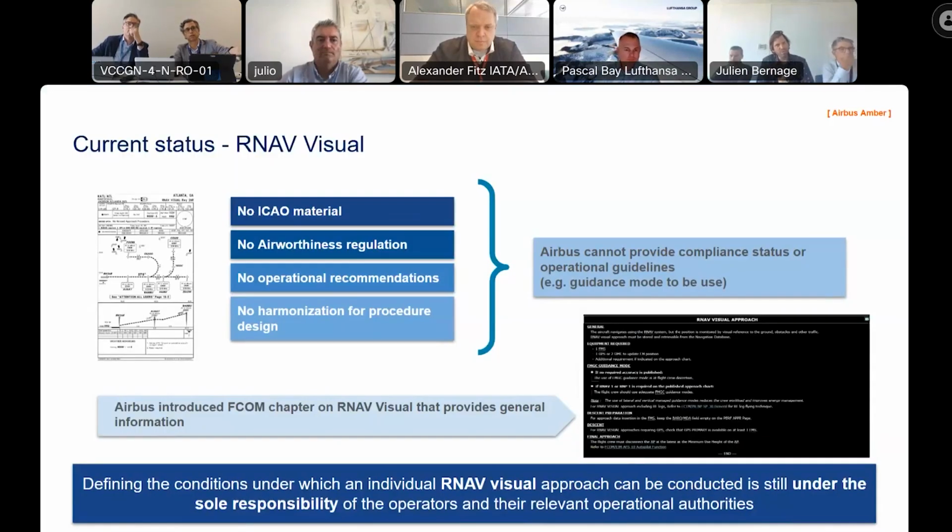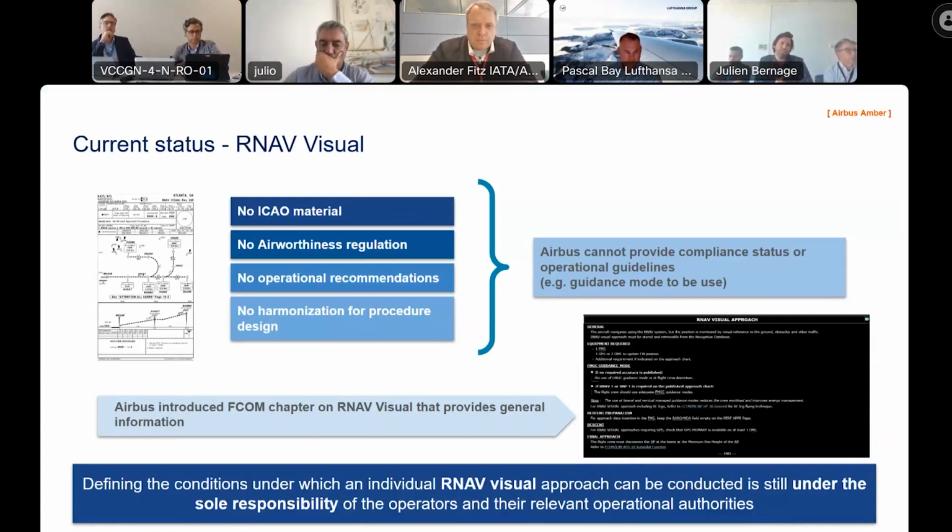So we'll start with the current status and what has been highlighted by some of the operators in the presentations before: the AirNav visual context and the fact that we have a lot of publications since a long time.